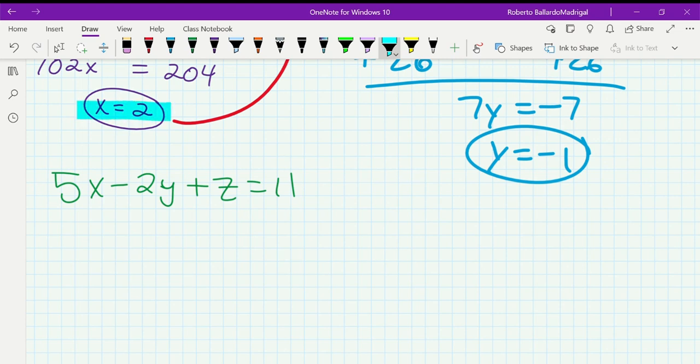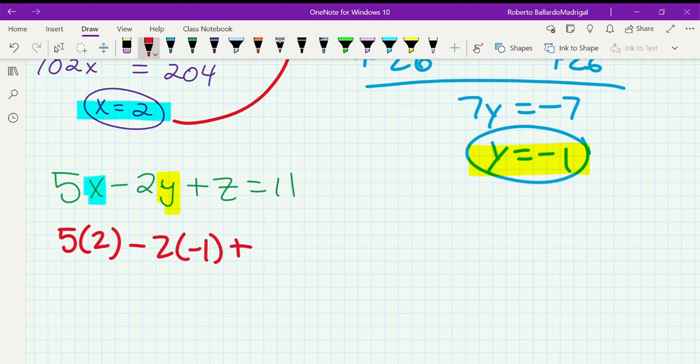And I'm going to replace my x and my y. It's going to be 5 times 2 minus 2 times negative 1 plus z is equal to 11.